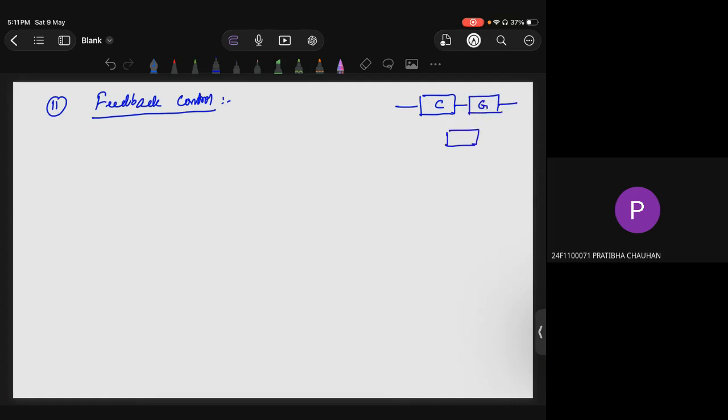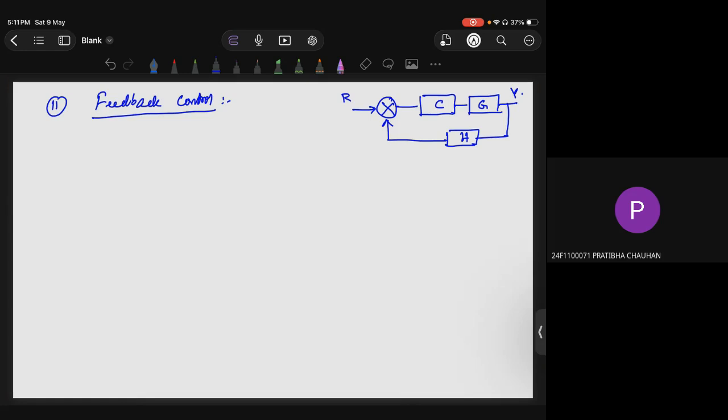The next topic is feedback control. When you see the closed loop system, you have a controller, a plant, and feedback, with a summing point, reference input R, and output.